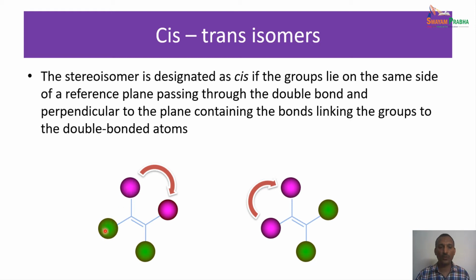How these two groups are placed decides whether it is a cis isomer or a trans isomer. They are placed across the double bond. If these two groups are on the same side, then we say cis. Now if you look at this second arrangement, here they are on the same side. Let us say the green groups are also on the same side.